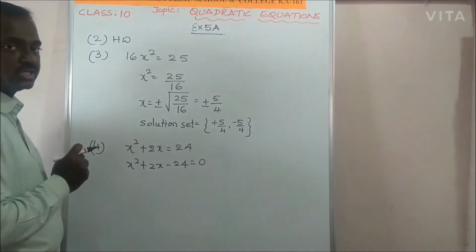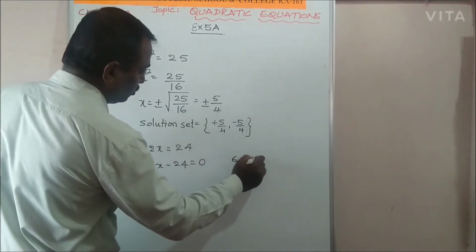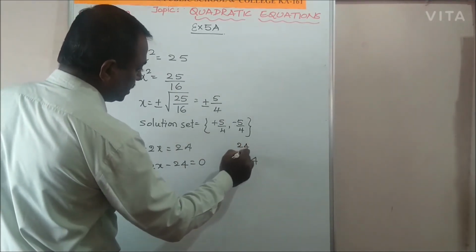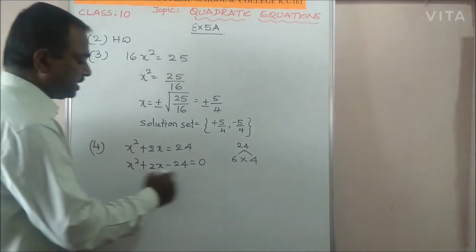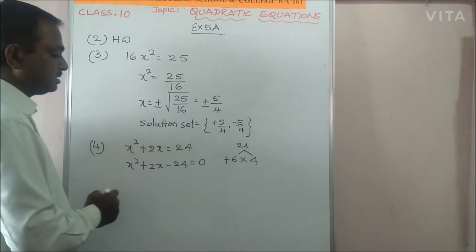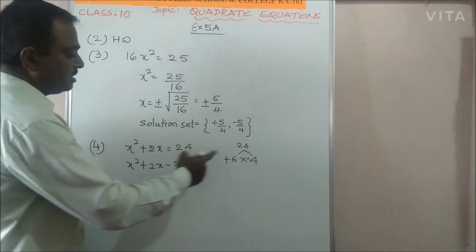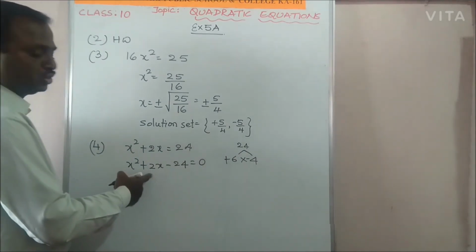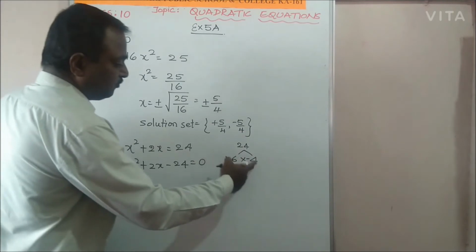So 6 4s are 24. 6 into 4, 24. Correct? 6 4s are 24. So what sign is here? Plus sign. So plus and minus, because plus 6x minus 4x becomes plus 2x, and plus into minus is minus. 6 4s are 24.